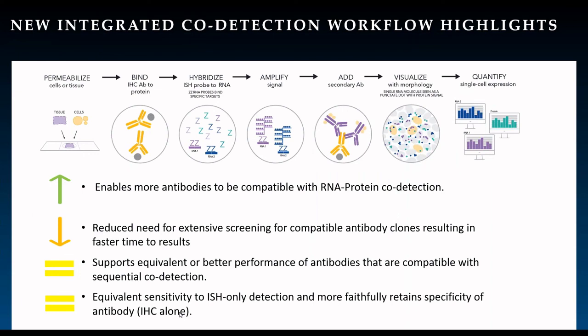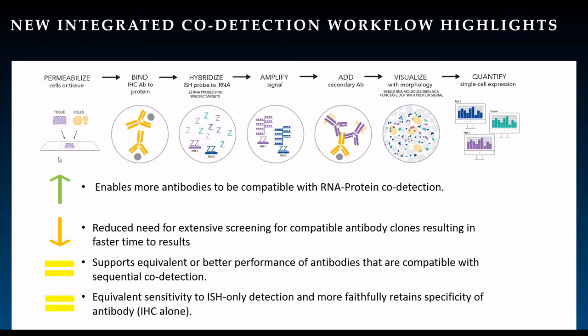As I was mentioning, the goal of developing these reagents and workflow was to reduce the optimization required by the researchers in identifying the most suitable antibody to combine with RNAscope. By introducing these reagents and workflow, we want to ensure that there is minimum optimization and most antibodies will be compatible with this workflow.